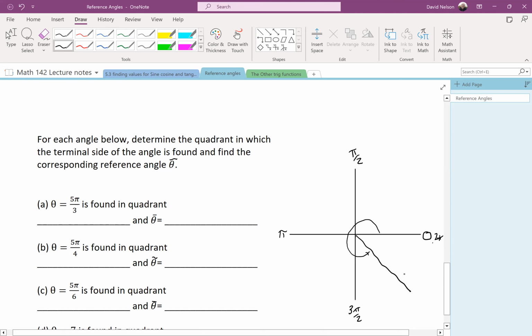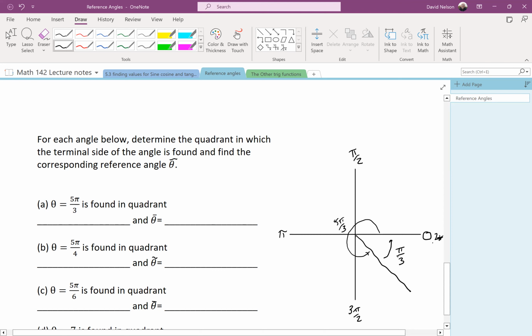And we're looking for the reference angle, and the reference angle is always the angle going back to the x-axis. So if I've gone 5 pi over 3, how much farther do I have to go to get back to the x-axis? Well, I know it's 2 pi all the way around, so if I take 2 pi and subtract 5 pi over 3, I'm missing a pi over 3.